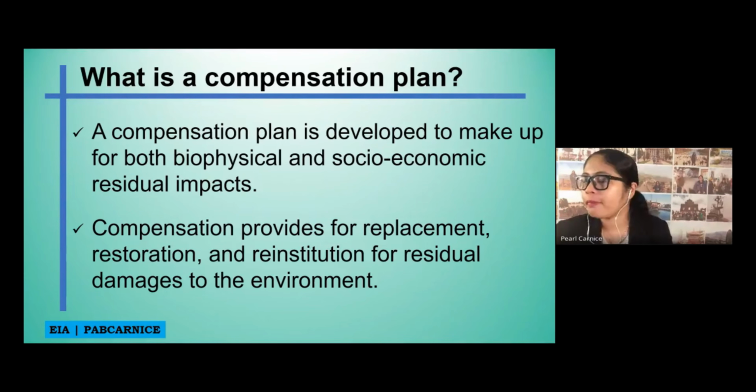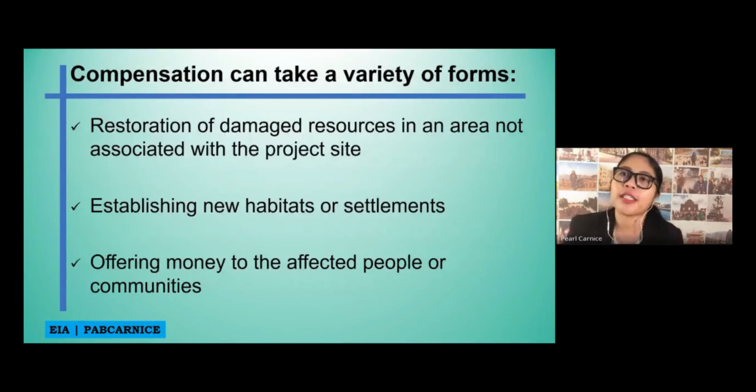At the same time, compensation provides for replacement, restoration, and reinstatement of residual damages to the environment, in which the compensation can actually take a variety of forms.